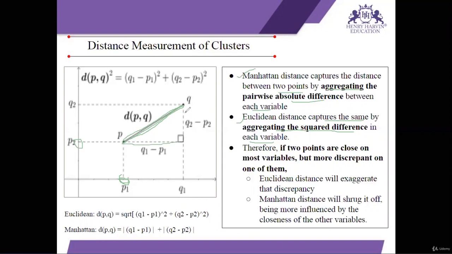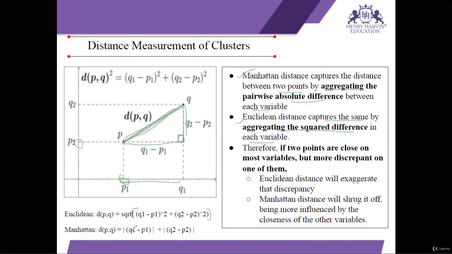So we will find the Euclidean distance by squaring the difference between both of the points, adding the squared differences and taking the square root of that. You can see in the formula also. It is the square root of (Q1 minus P1) squared plus (Q2 minus P2) squared.